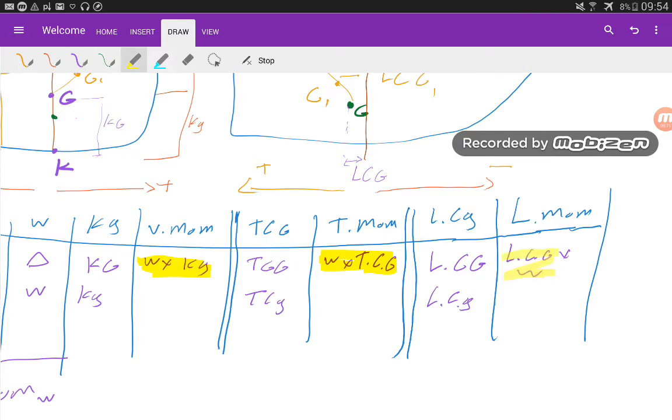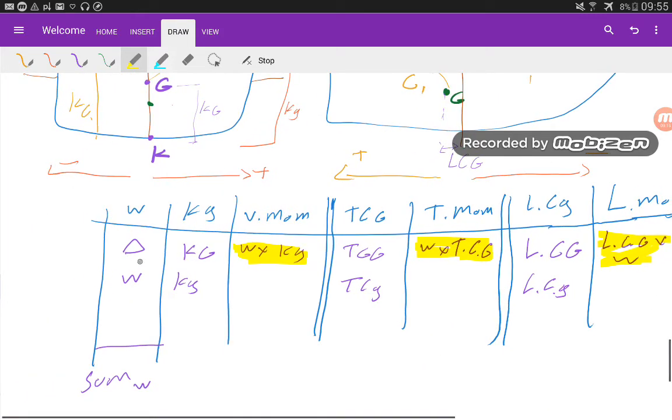So for each cargo, you have to do this multiplication, for example for this cargo, weight times transversal center of gravity, and bring it there.